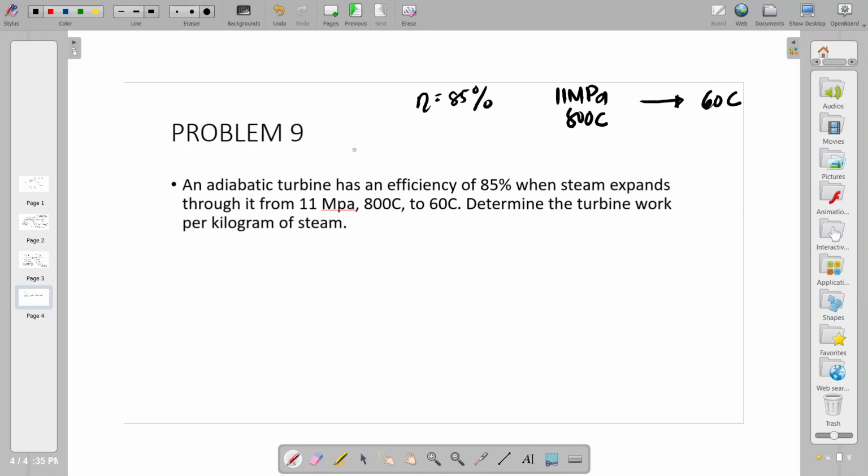Pag nag-work done tayo at turbine is may matter na nagfo-flow inside, controlled yung volume, concerned tayo sa H. So, palabas pala yung work. Okay. Energy in is equals to energy out. So, ang input natin H1 is equals to work plus H2. Kasi palabas yung work, diba? So, work is equivalent sa H1 minus H2.